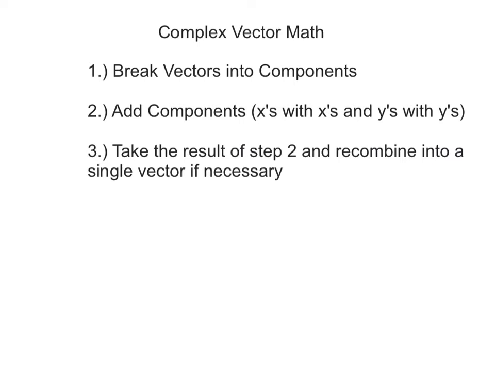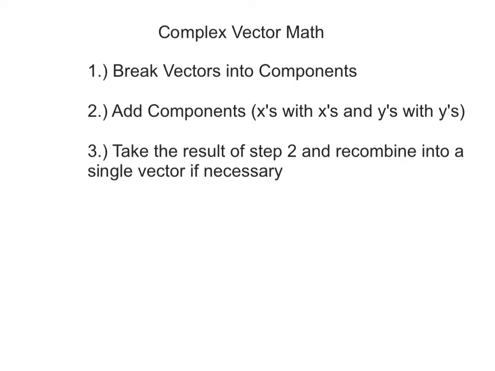So this video is all about complex vector math. In here, the procedure will be the same throughout. I'm going to break vectors into their components. Once they are in component form, I'm going to add together those components, keeping in mind specifically that all vector components pointing in the x direction will be added together, and all vector components pointing in the y direction will be added together as well.